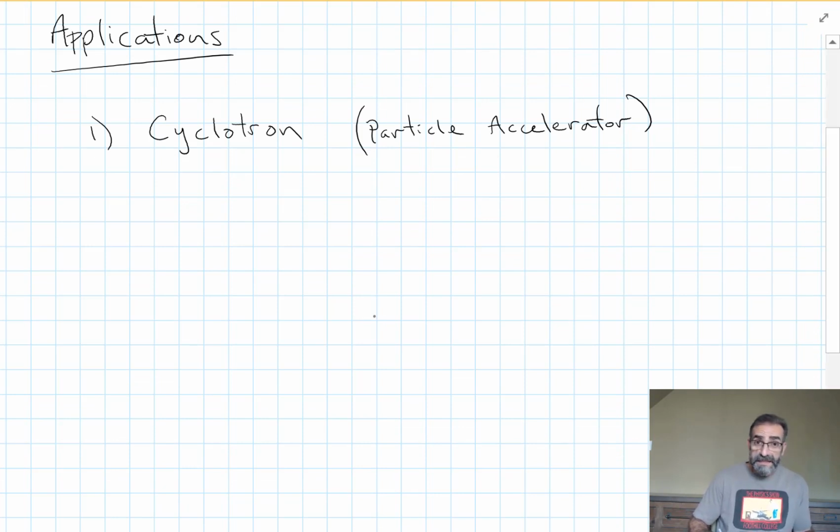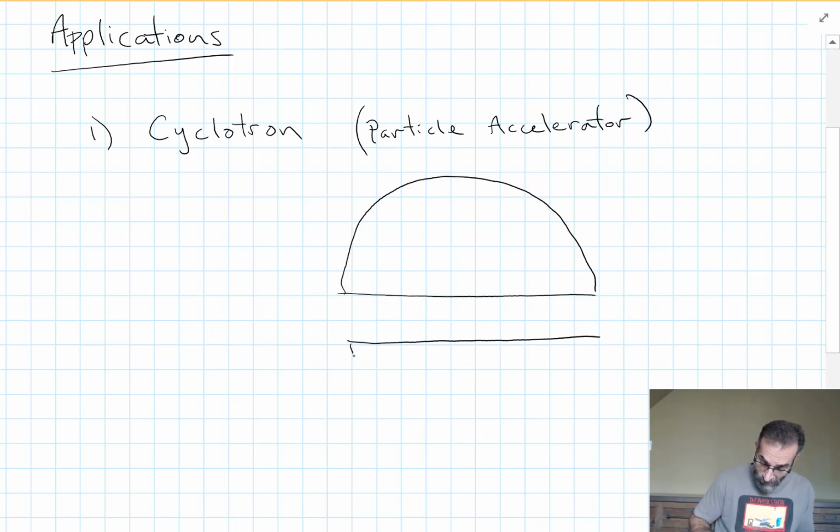There are two sections where there's magnetic field, and those are called Ds because they look like the capital letter D. I'll make my magnetic field coming out of the page.